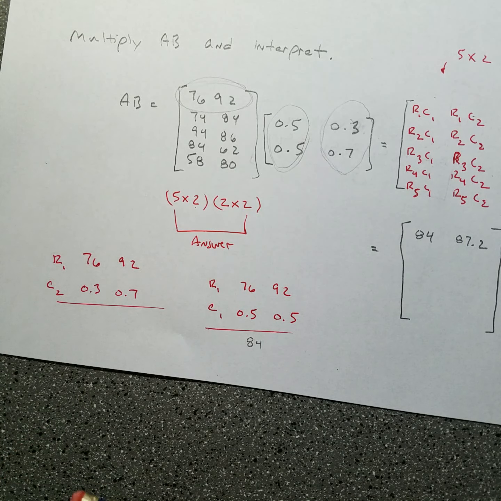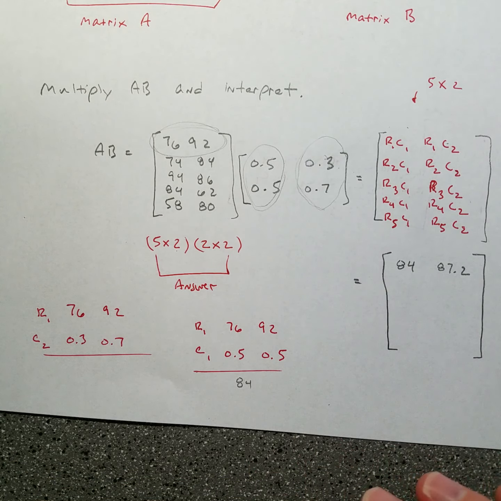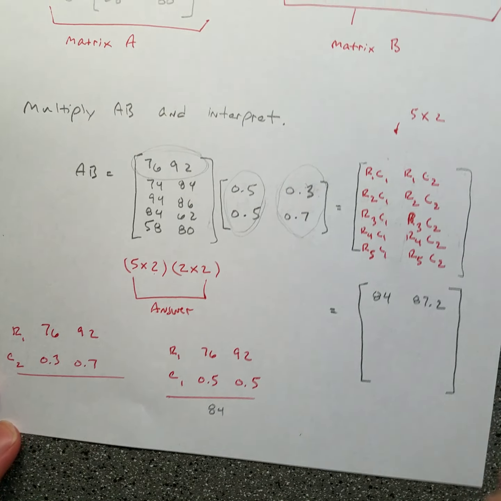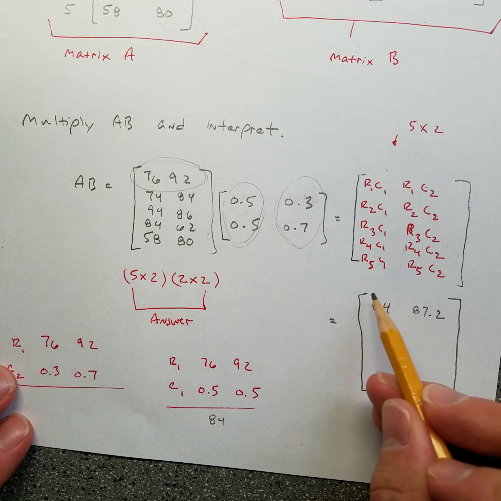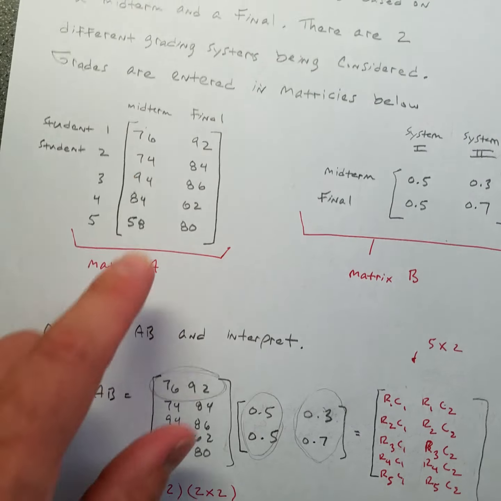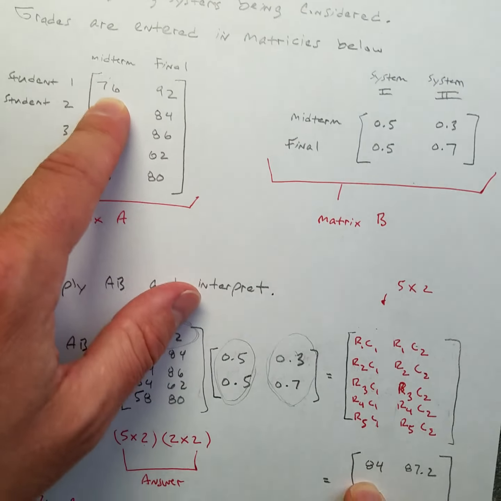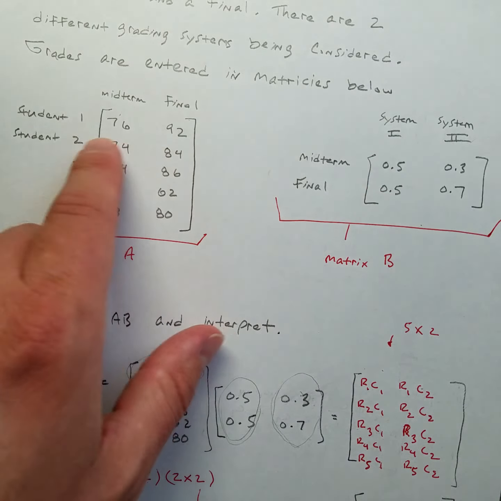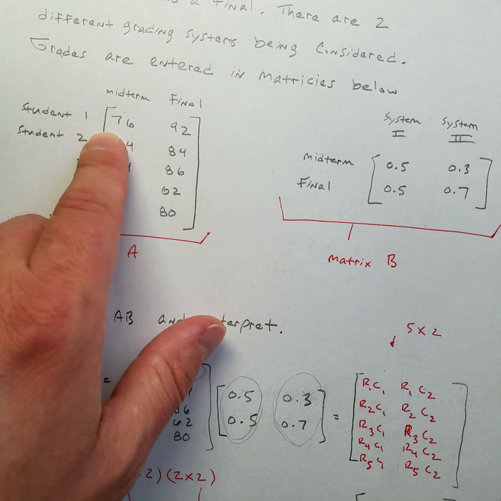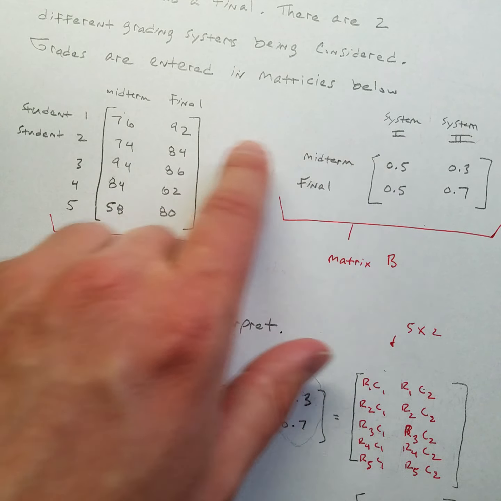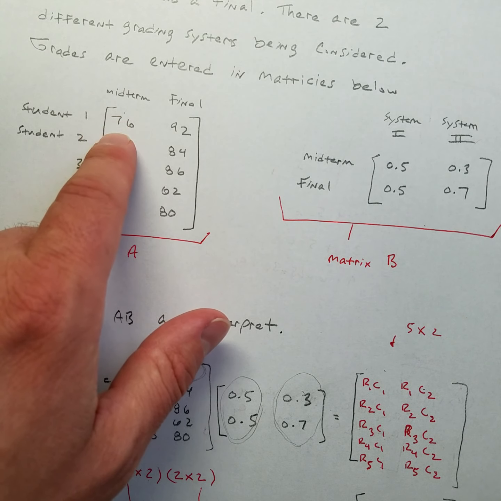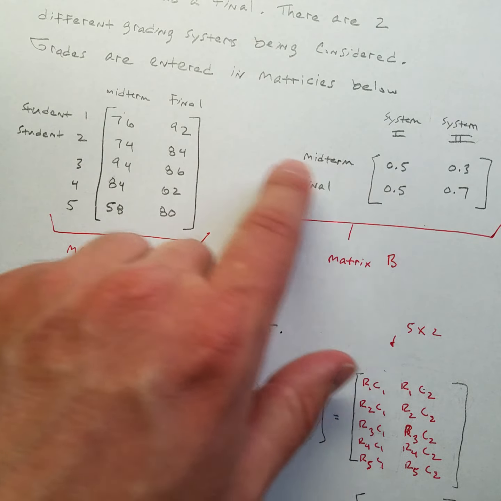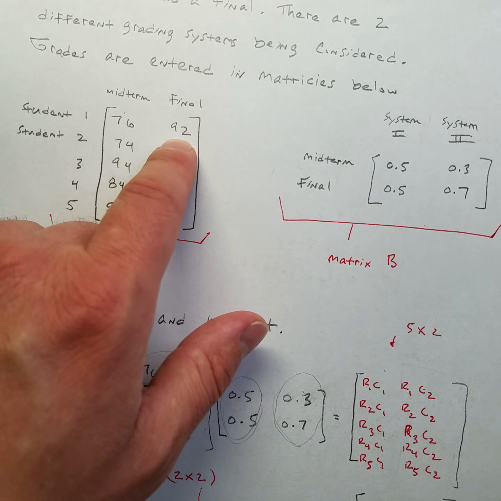Now here's how we can look at it. Alright, if I go no further, here's what this represents. Student 1, if graded under System 1, where the midterm and the final are both 50%, how would you do the grading? You'd say 0.5 times 76, that's 50% for the midterm, plus 0.5 times 92, that's 50% for the final.